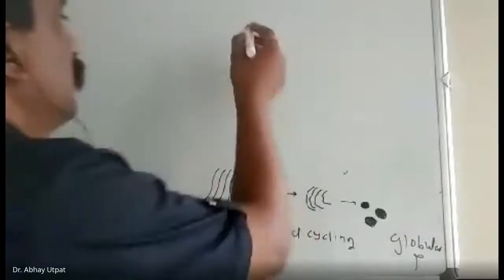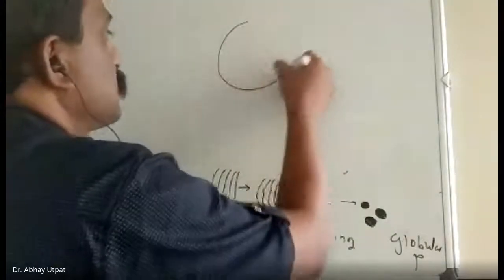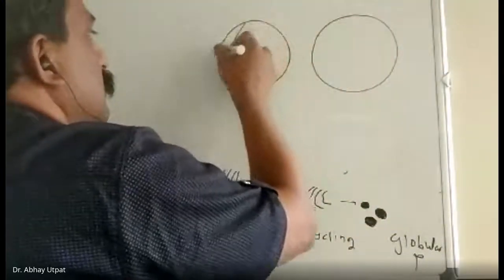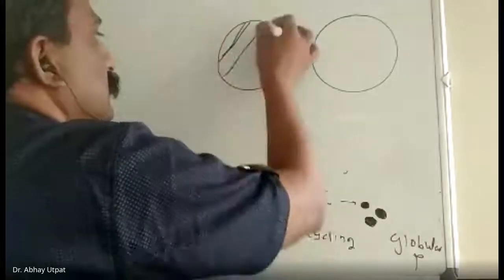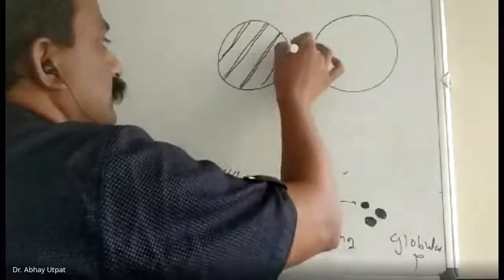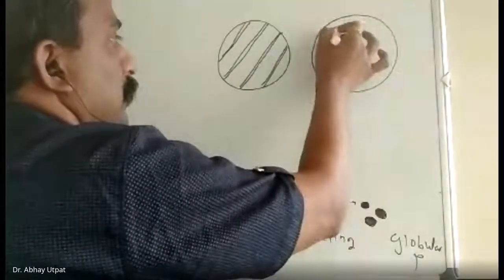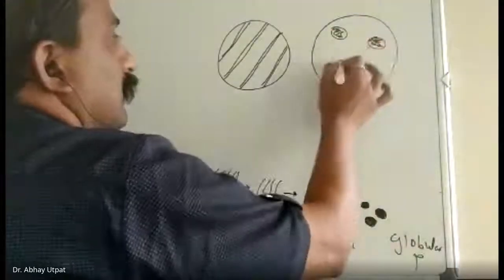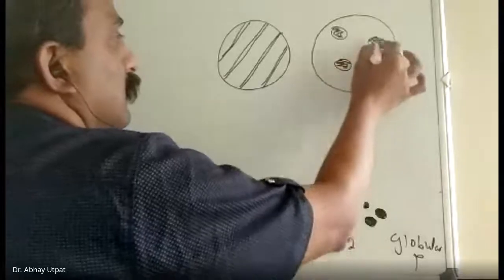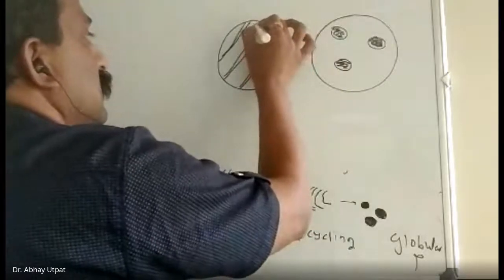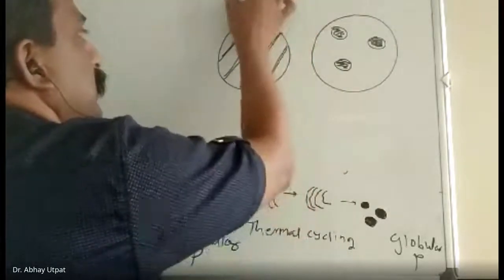How to show it here? Five minutes are remaining; I will complete. Draw this. This is lamellar pearlite, and this is globular pearlite. Make it dark. These locations are symbolically shown by this symbol.